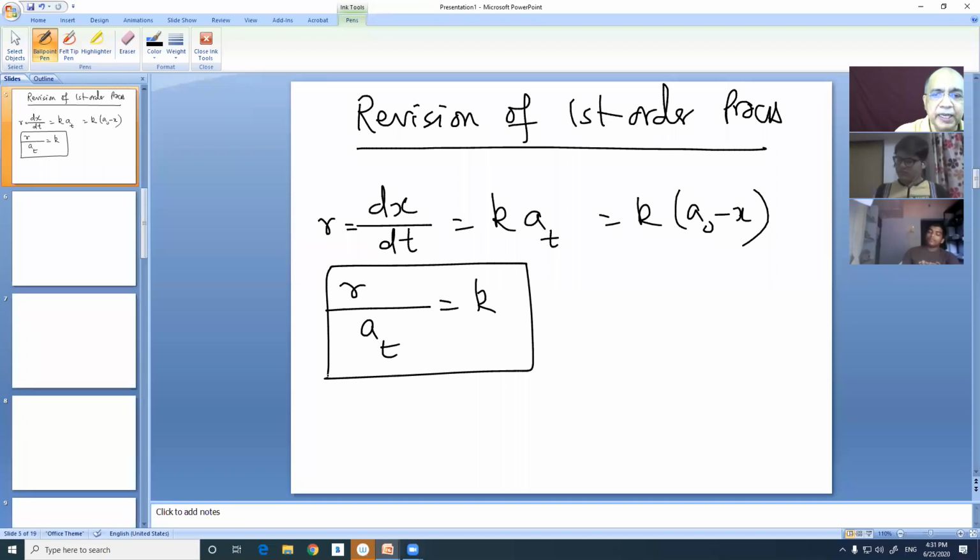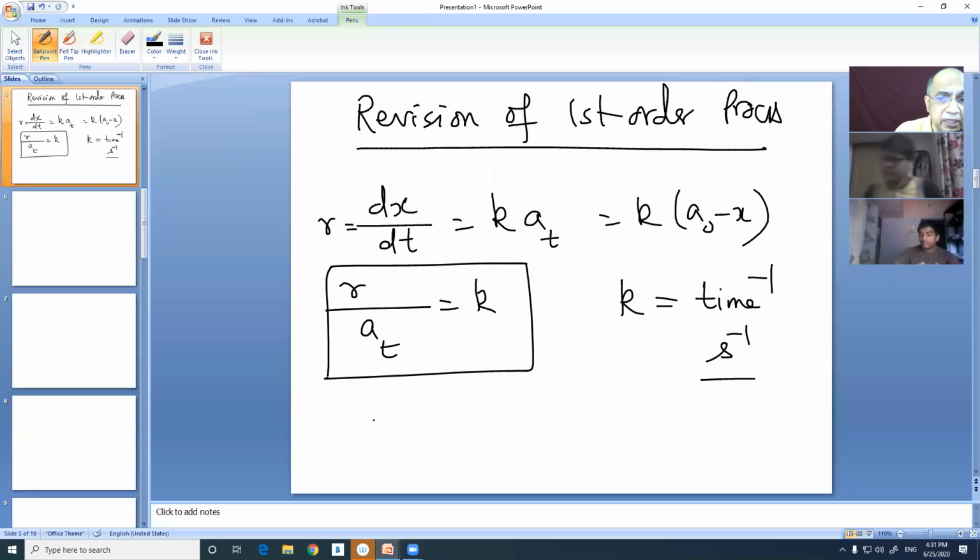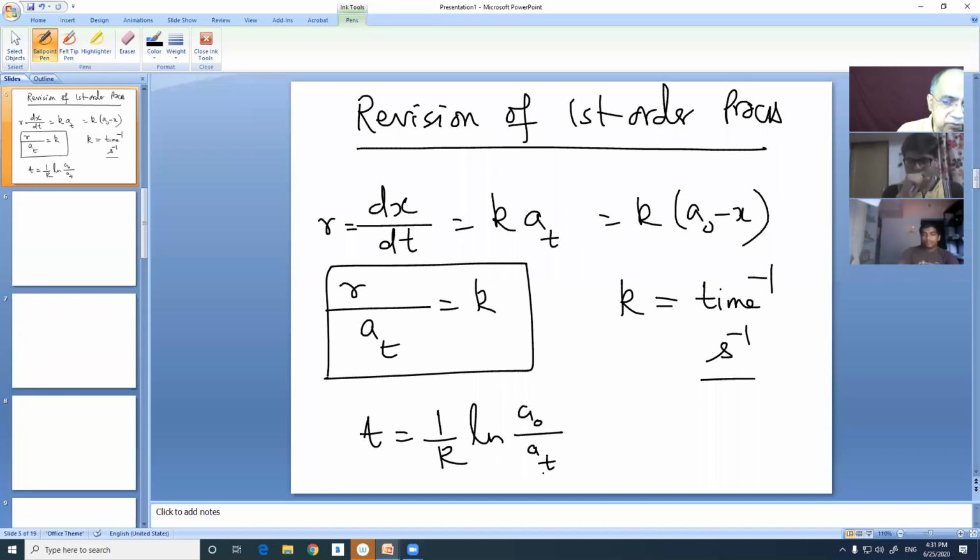And you have its unit as time inverse, second inverse or hour inverse, and the integrated equation will be t is equal to 1 by k ln a0 by at. At will come in the denominator.